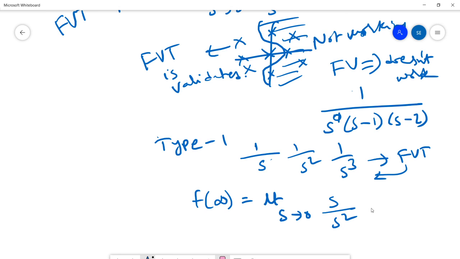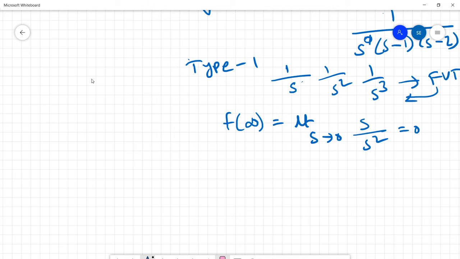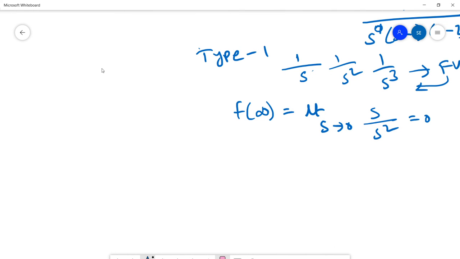It is again 0, right? So this is tending towards 0, that means final value is applicable. Okay, so this is how we determine final value theorem with respect to type of system and S plane.